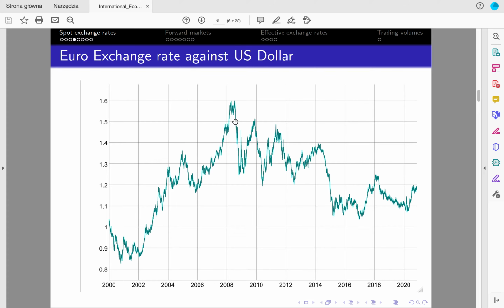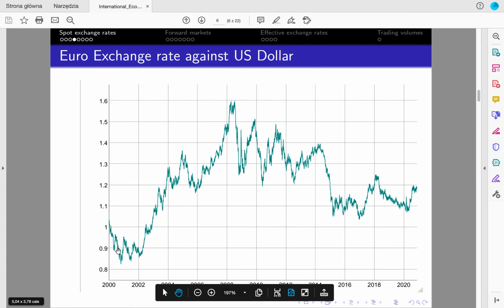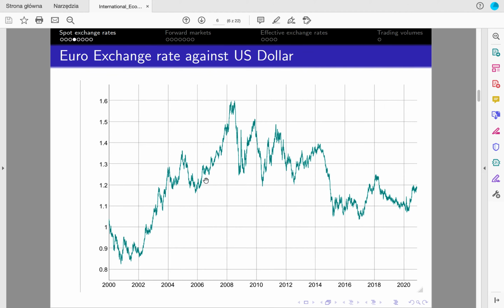Let's notice a couple of things. We clearly see that the price of the two currencies is changing from day to day. Sometimes it changed by more, sometimes by less, but definitely volatility is one of the very characteristics of the exchange rate.